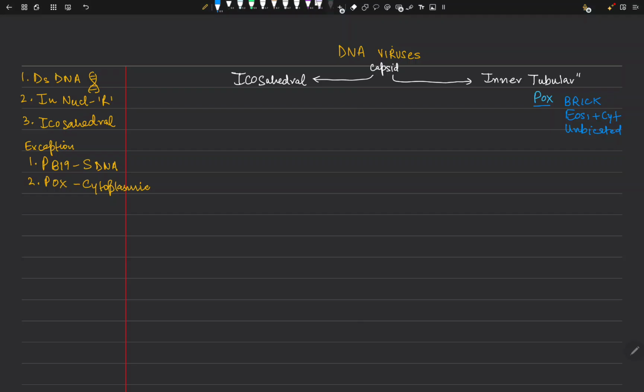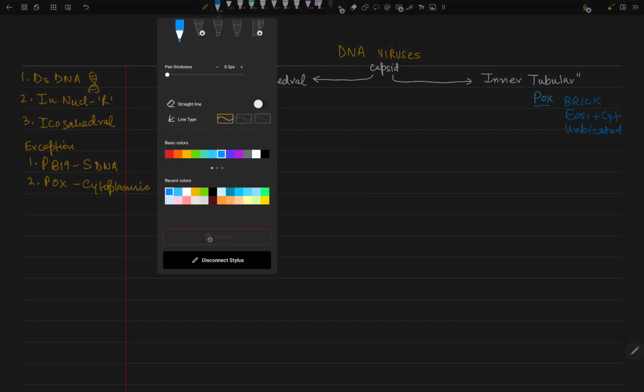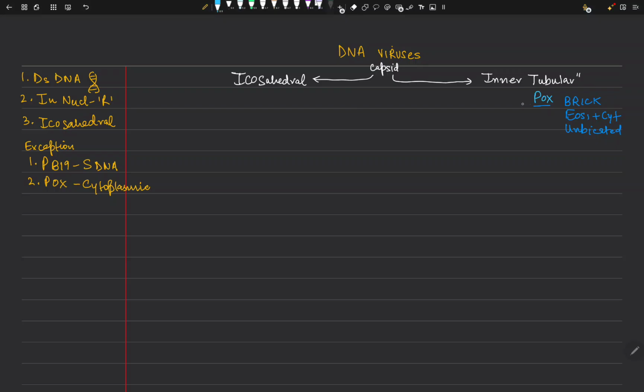Now, common pox viruses, I'm going to name two of them. First is simple, smallpox. Second is molluscum contagiosum.